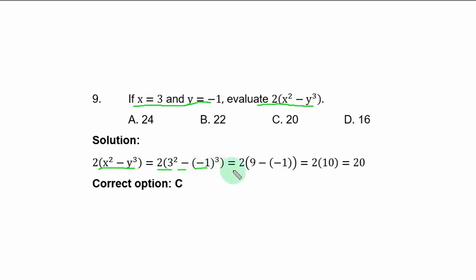So you have 2 bracket open, 3 square is 9. Now minus 1 cube means minus 1 times minus 1 times minus 1, and that is minus 1. Minus minus is plus, so you have 9 plus 1 as 10, and 10 times 2 you have 20. C is the correct option.